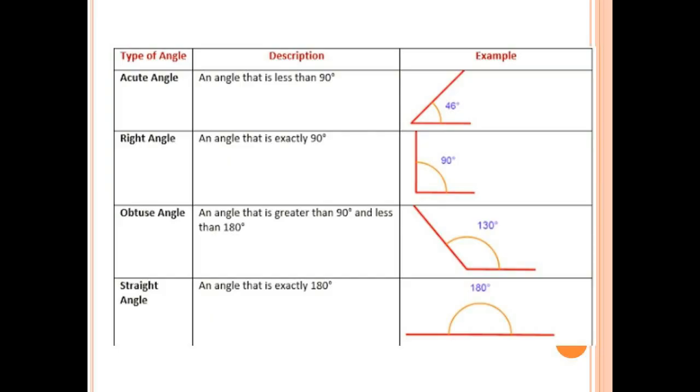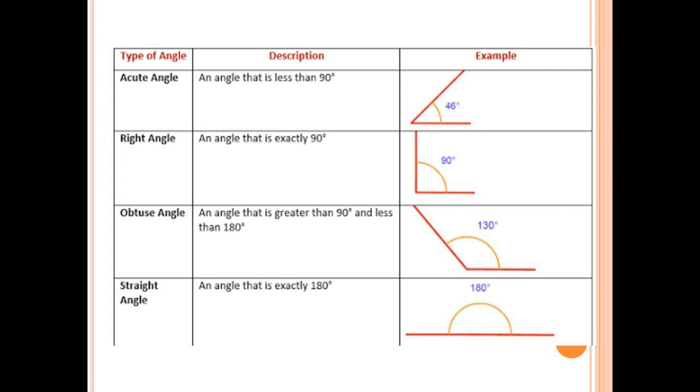Now we are going to see the different types of angles. First one is acute angle. Second is right angle. Third one is obtuse angle. Fourth one is straight angle. What is the difference between these angles? Now let me give the description of these angles.